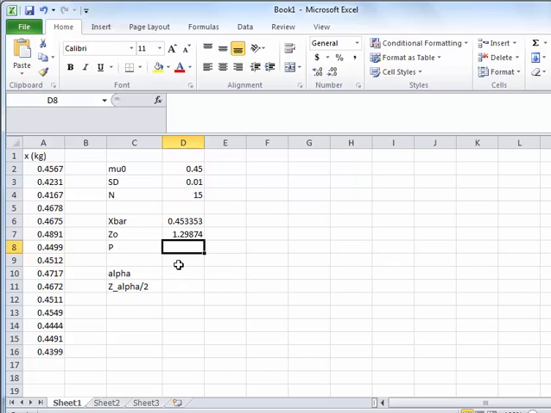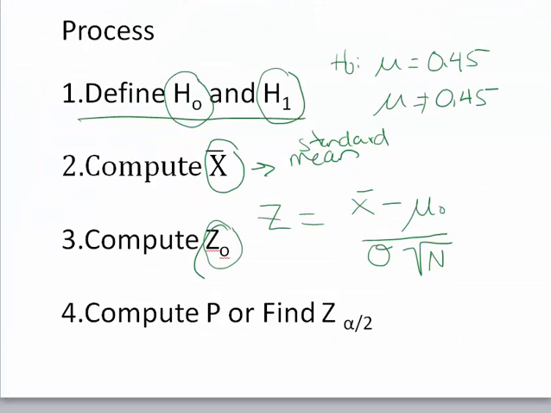So the next thing we need to do now is compute p, or a probability. We're going to do this first, and then we'll do finding z at alpha divided by 2.